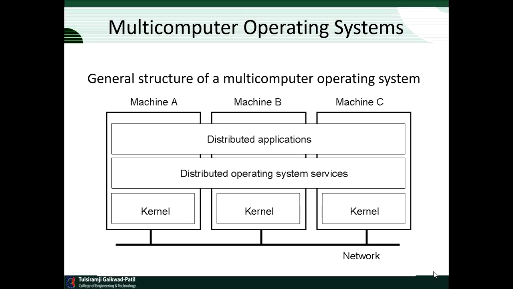Here we can see machine A, machine B and machine C are connected to the network, having their own operating systems, but the distributed application will work with those machines, and they commonly work by using the applications of the distributed system. At the same time, the distributed operating system will work for all the machines, and they are connected to the kernel part of the distributed system, meaning the operating system. Then it is connected to the network, and they communicate among themselves by using the networking.